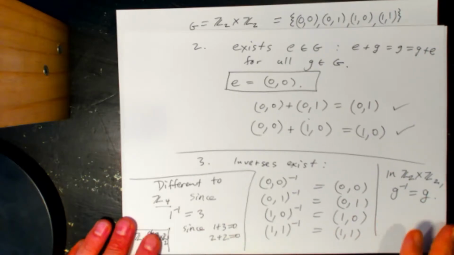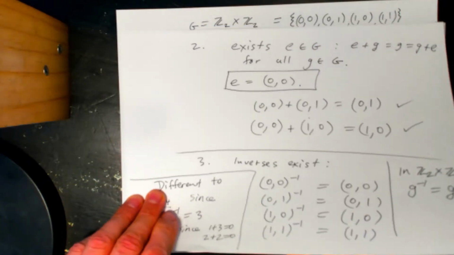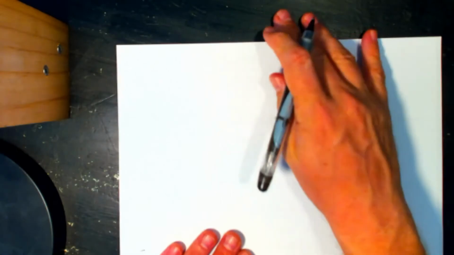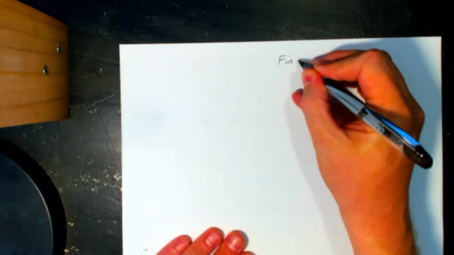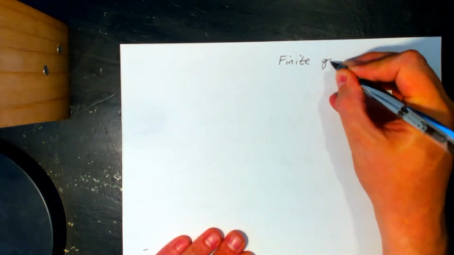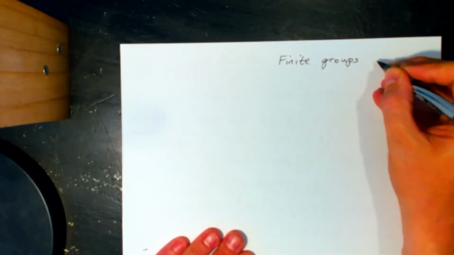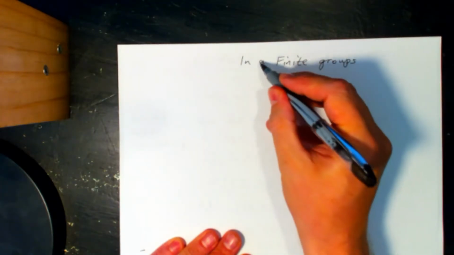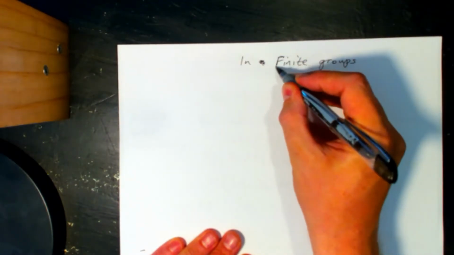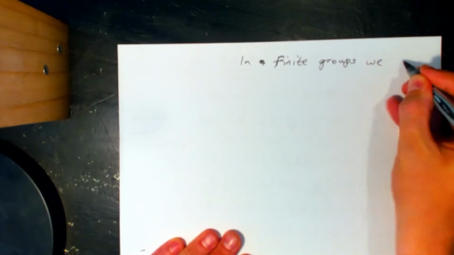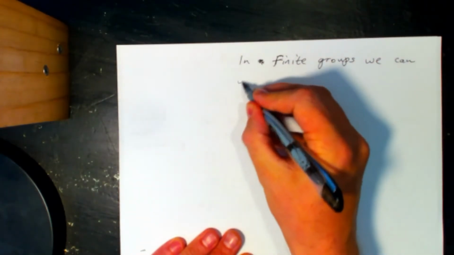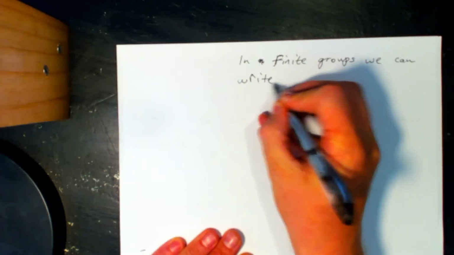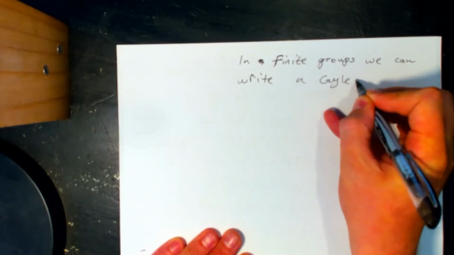Okay, so now that brings me probably to talk briefly about Cayley tables, right? So for a finite group, in finite groups, we can write a Cayley table.